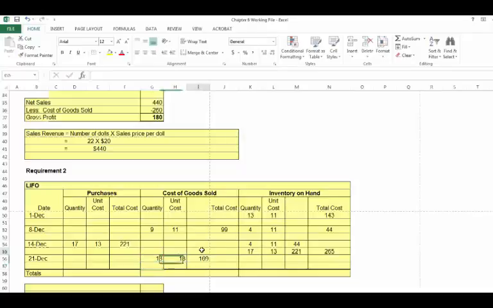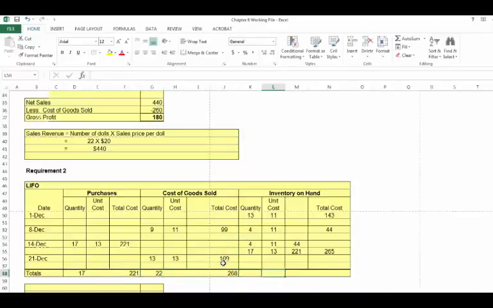So our total cost for that transaction is going to be $169. When we totaled this up, we still purchased 17 for $221. We still sold 22 units, but now our total cost of goods sold is $268.